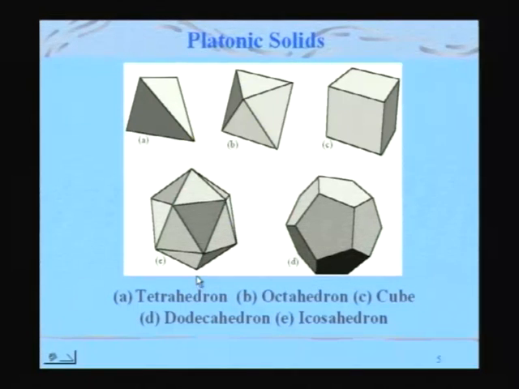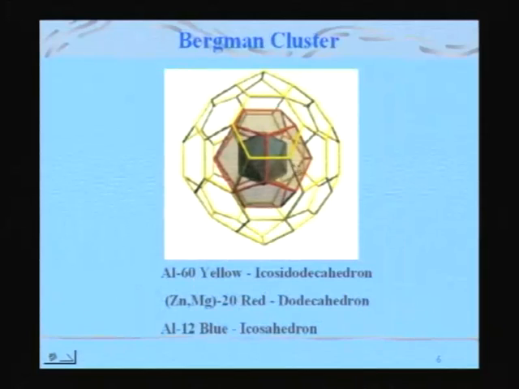So in total you have 12 corners. At these 12 corners you will have 12 aluminum atoms which form the inside layer of this particular cluster, which is called the Bergman cluster, the aluminum zinc magnesium cluster. And then you have a next layer consisting of zinc and magnesium with 20 such atoms, which is called a dodecahedron.